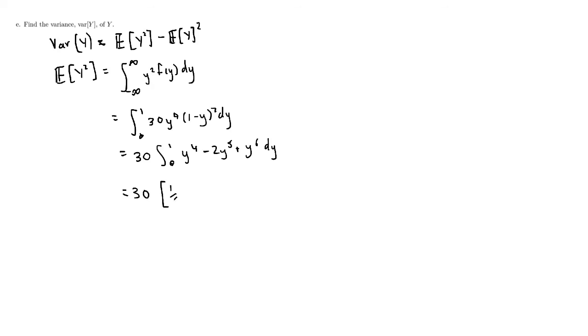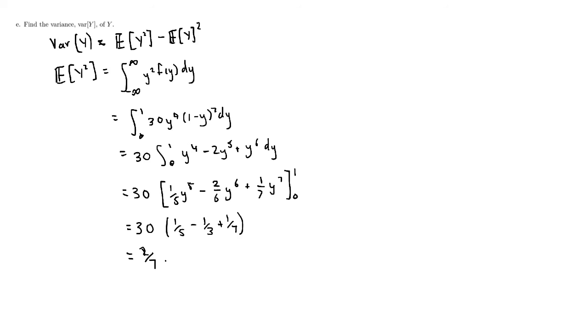We'll get 1 on 5 y to the 5 minus 2 on 6 y to the 6 plus 1 on 7 y to the 7, evaluated at 0 and 1. Now subbing in 1 again, we will get 30 times a fifth minus a third plus 1 on 7. And evaluating all of this will give us 2 on 7.